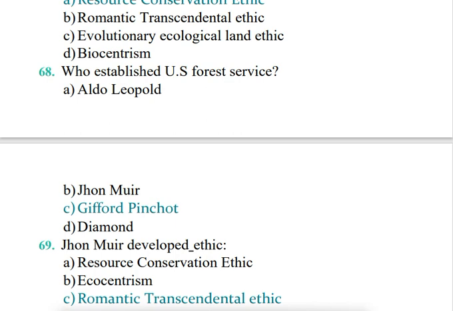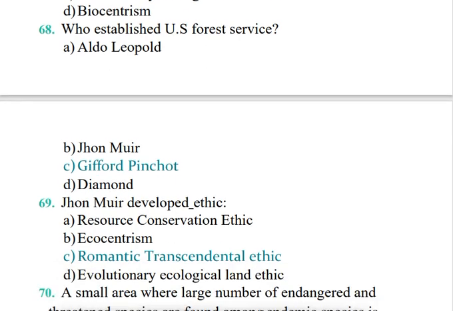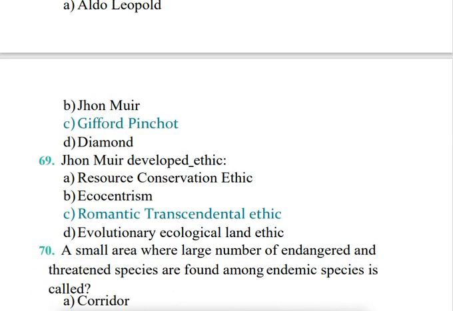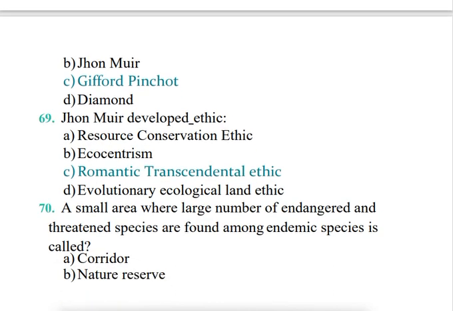Who established the U.S. Forest Service? It's Gifford Pinchot. Who developed the romantic transcendental ethic? John Muir. You have to remember this by John Elia's poetry, which is romantic, so we remember this ethic as the romantic transcendental ethic.